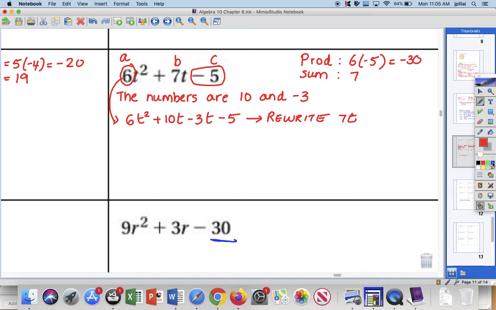Next is to group and factor. You group the first two and the last two terms. When we group the first two, 6t squared plus 10t, what is the common factor for 6t squared and 10t? For 6 and 10, you would get 2 as a common factor. T squared and t, you get t. So that'll be 3t plus 5.